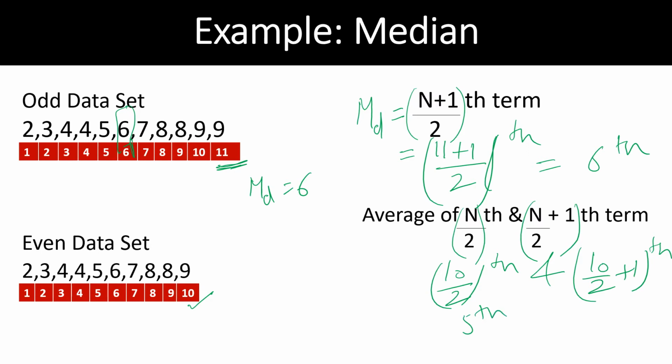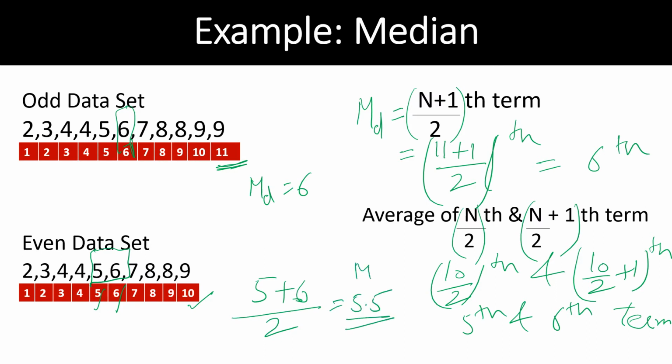This is 5th and 6th term. What I need to do? I need to calculate average of 5th and 6th term. This is 5th term, this is 6th term. That means I need to calculate average of 5 and 6, which is 5.5. Now in this case my median is 5.5.